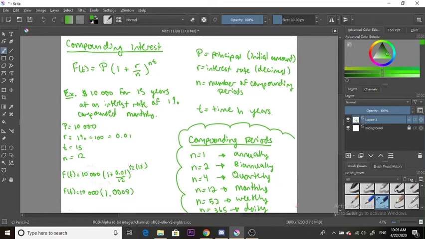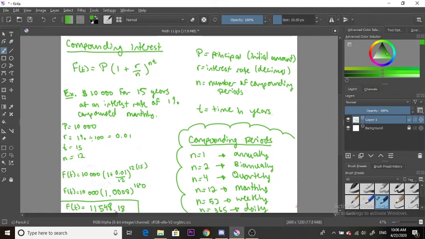And then the 12 times 15 is going to be equal to 180. And then the last thing to do is to calculate this entire thing. So 10,000 times 1.0008 to the power of 180 is going to be equal to 11,548.18. So this is how much you would have after 15 years.